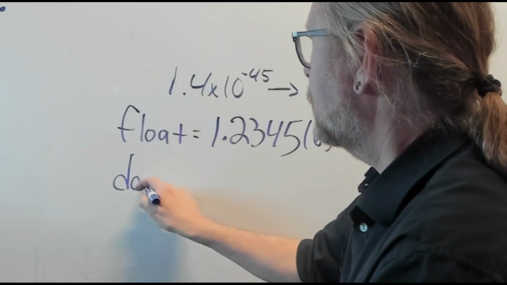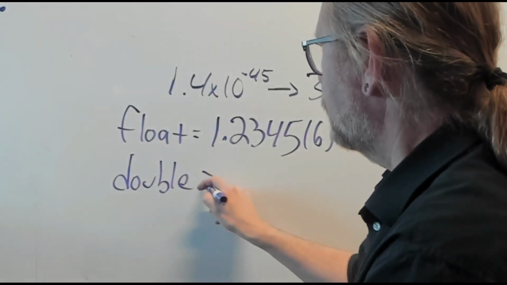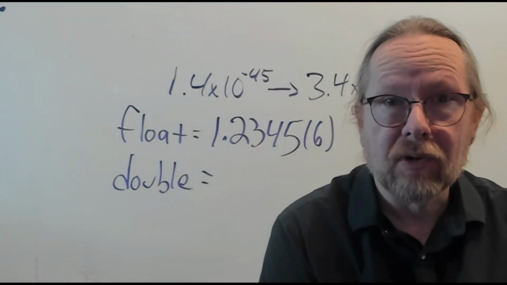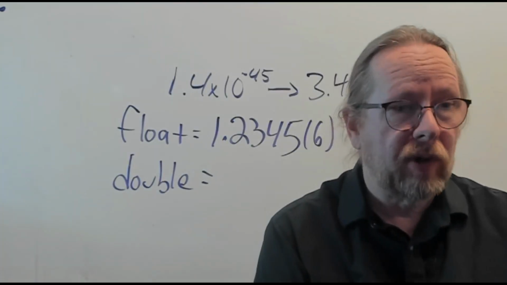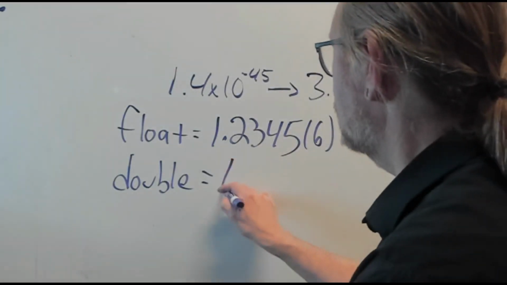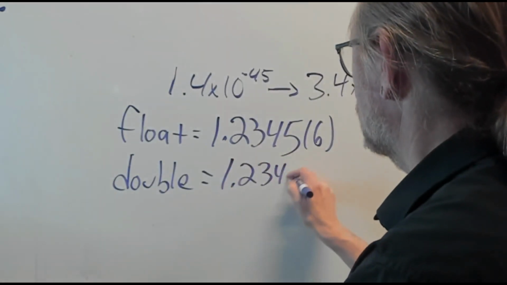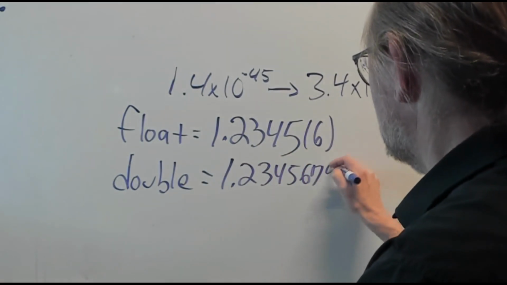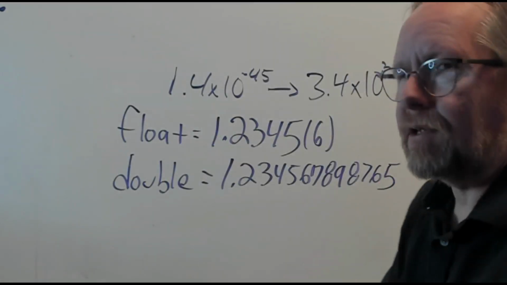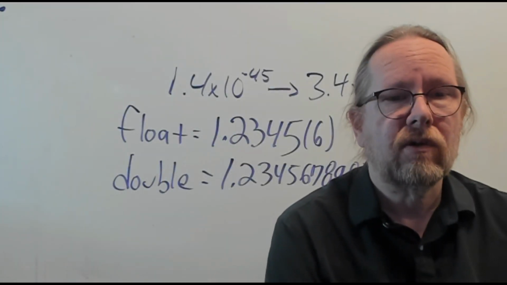There is a better, more precise kind of decimal number in Java called a double precision floating point number, which has 15 or 16 digits of precision.